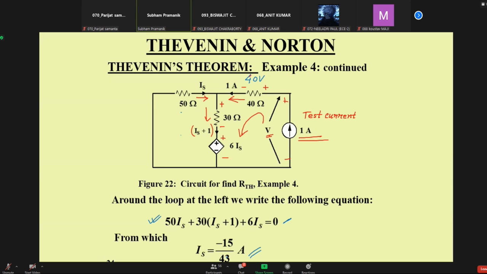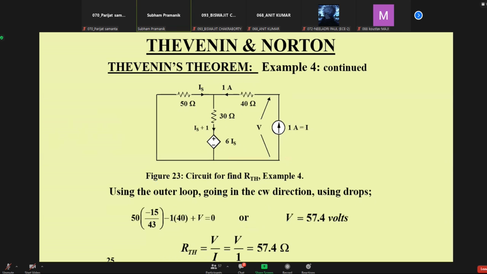Once you have the IS value, what will be the voltage across 30 ohm? Minus 15 by 43 multiplied by 30. Once you have IS, you can also find this 6 IS. That voltage is minus 15 by 43 into 6. And you have this 40 volt. So finally, 40 volt plus this plus this is your voltage V. See this?